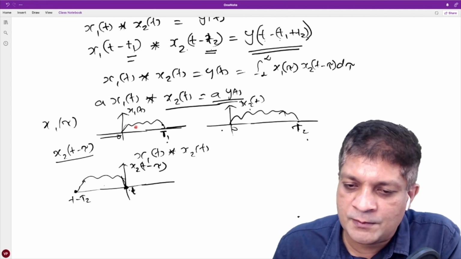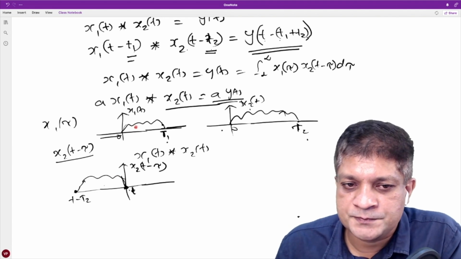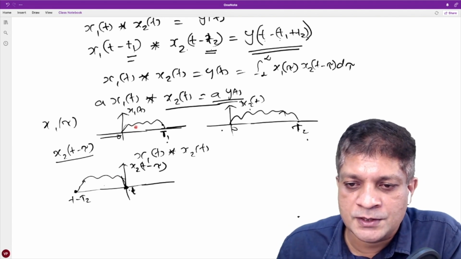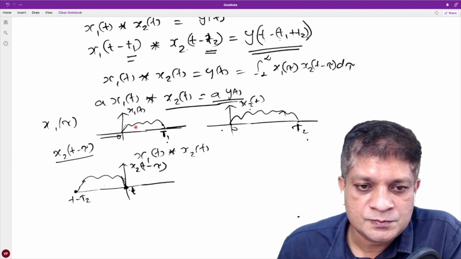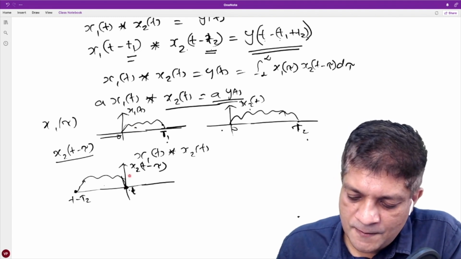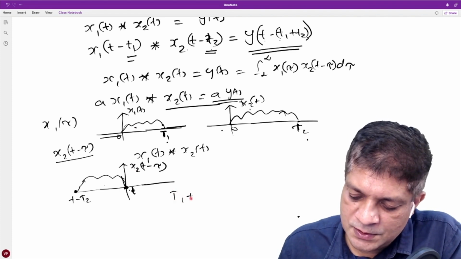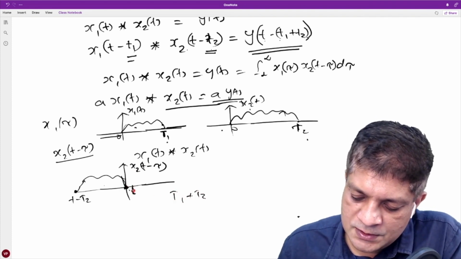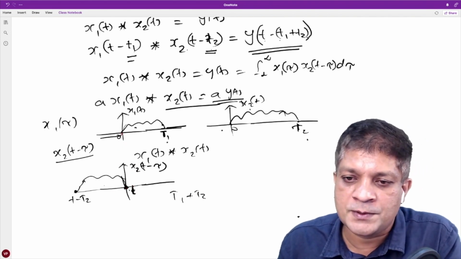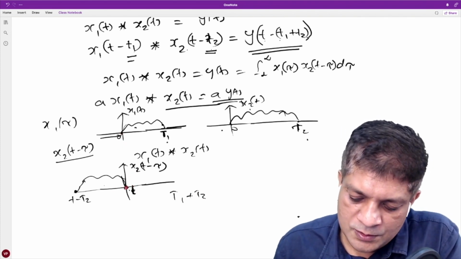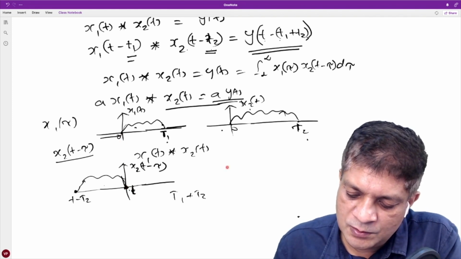Now can you tell me what is the duration of that? Duration means the duration in which it is non-zero. It is T1 plus T2, isn't it? Because if we start this from minus infinity, until this point reaches here, there will not be any overlap. It will be 0. The overlap starts from 0.